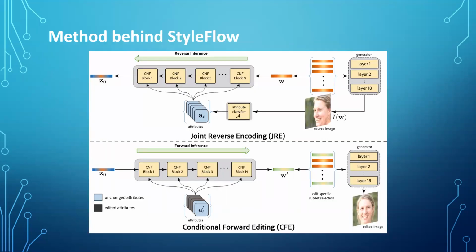So here's the method that StyleFlow used. Basically, it made use of CNF blocks. CNF is conjunctive normal form.